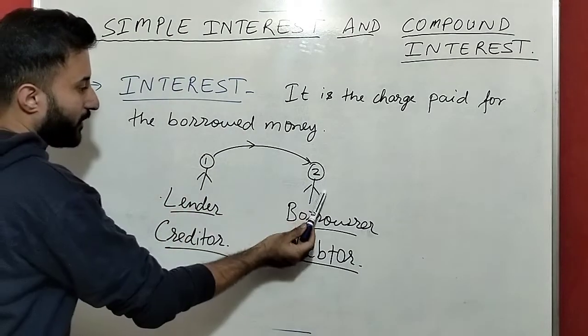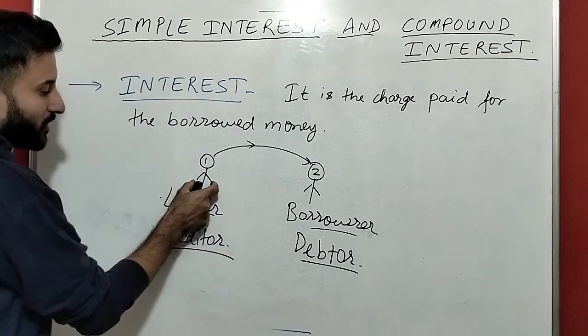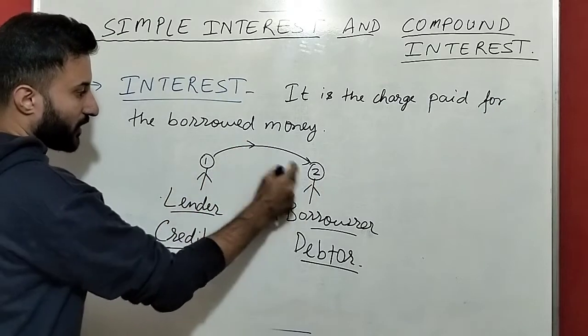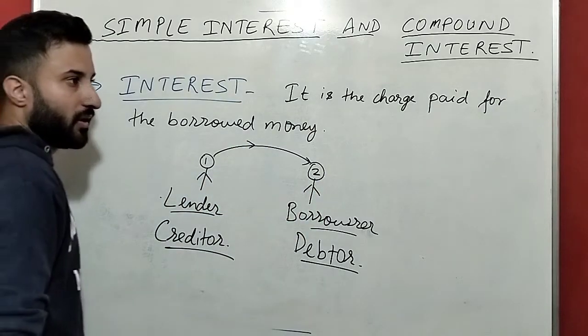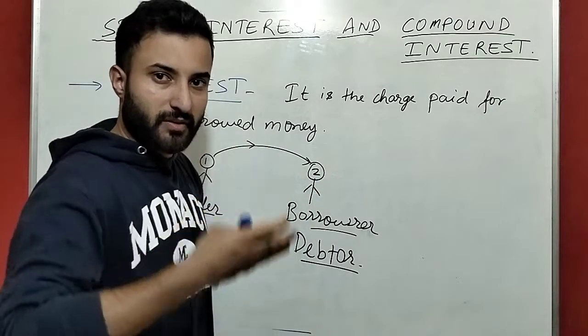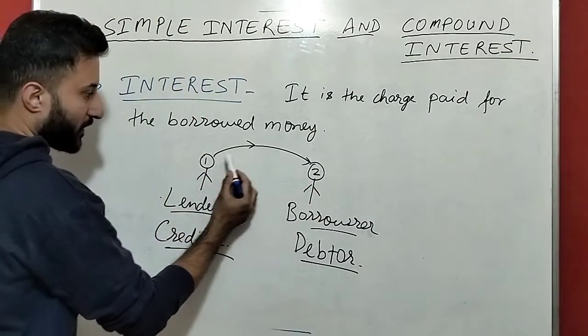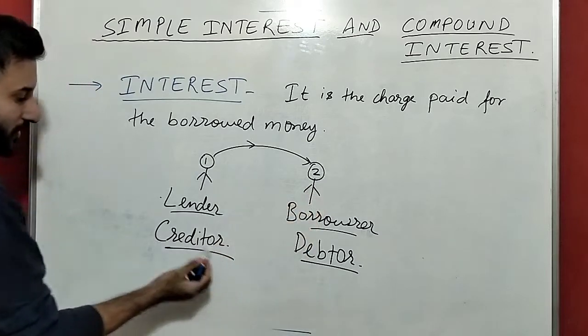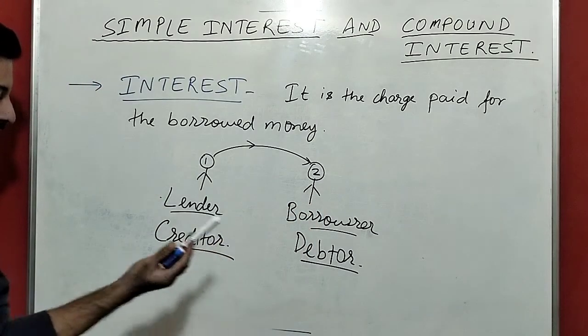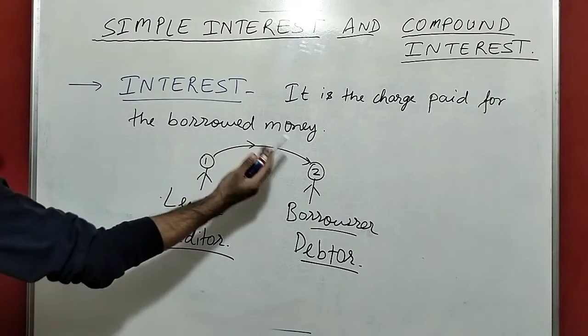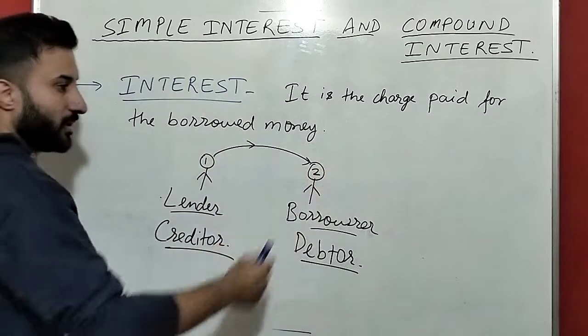So here every time it will be between two persons. One person will give the money, the other person will take the money. The person who gives the money is called the lender, or creditor.